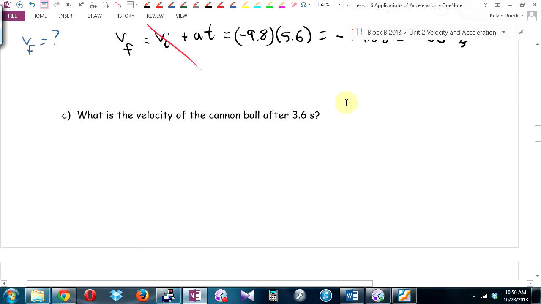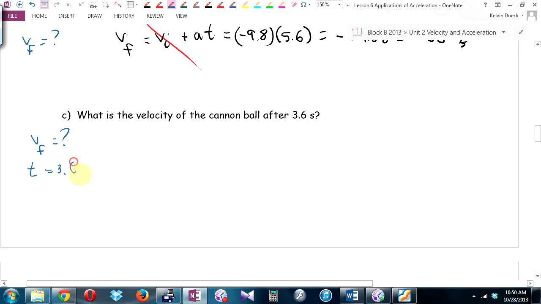C. What's C asking me to find? Which one? Okay, it's asking me to find V final, but stuff has changed. Specifically, time has changed. What's the time they gave me this time?